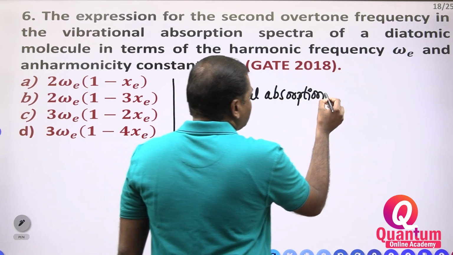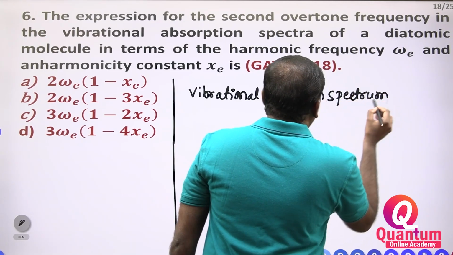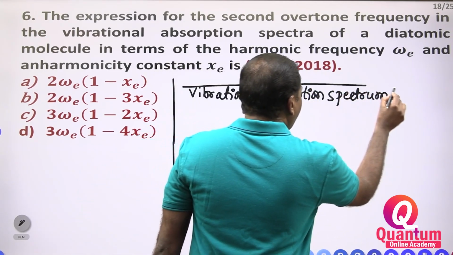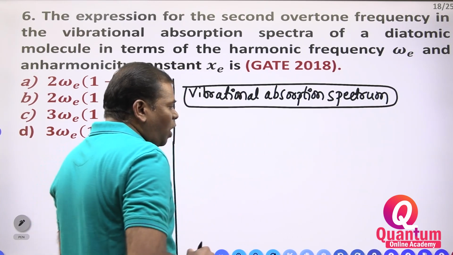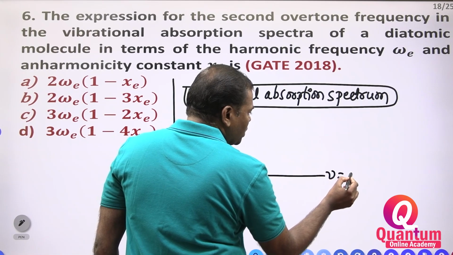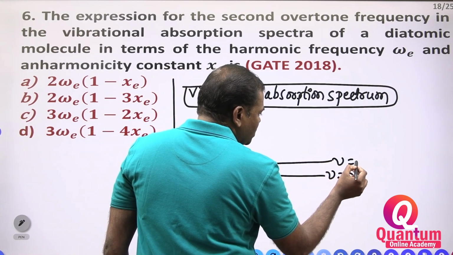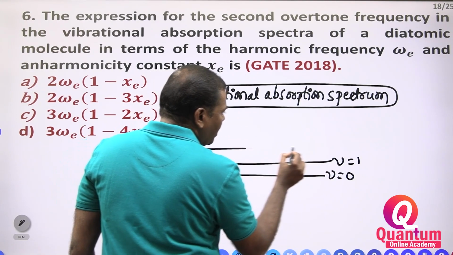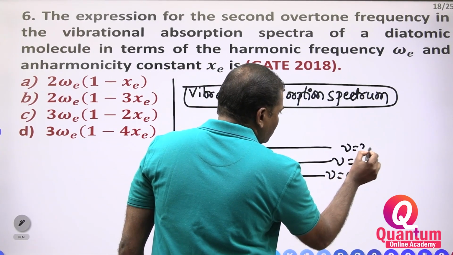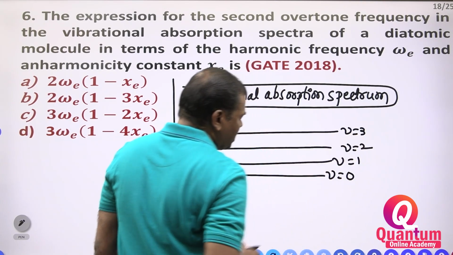Many times they are asking this type of question. In the vibrational absorption spectrum, you have to see how the spectrum will be. Take the nu equal to 0 level, that is the vibrational level. Nu equal to 1 energy level, nu equal to 2 energy level, nu equal to 3 energy level.